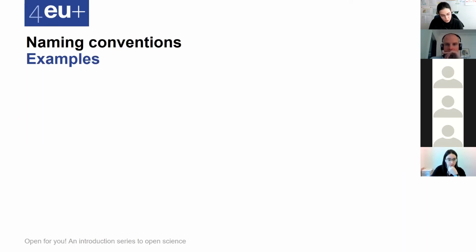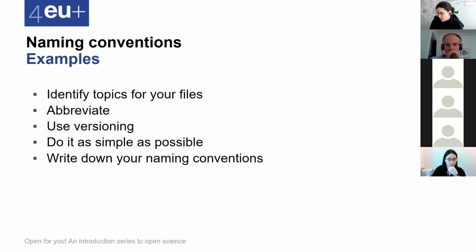Then another example about naming conventions. To name your files, you need to identify the topics in your files, and find abbreviations for each one to have short names for your files.